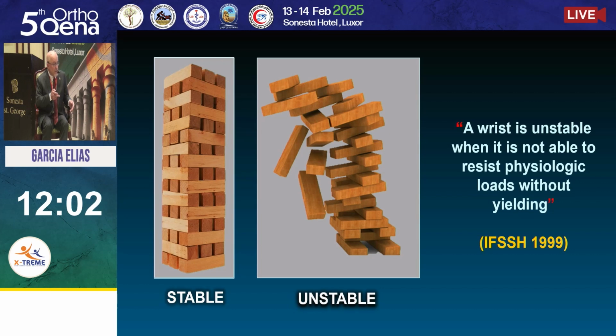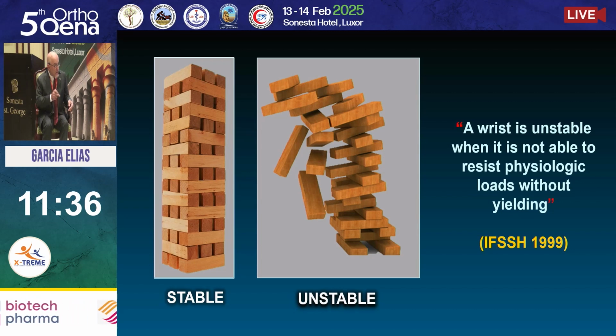This is the original paper that we wrote in 1999 to define exactly what instability means. The wrist is unstable when it's not able to resist physiologic loads without yielding. That's a definition.